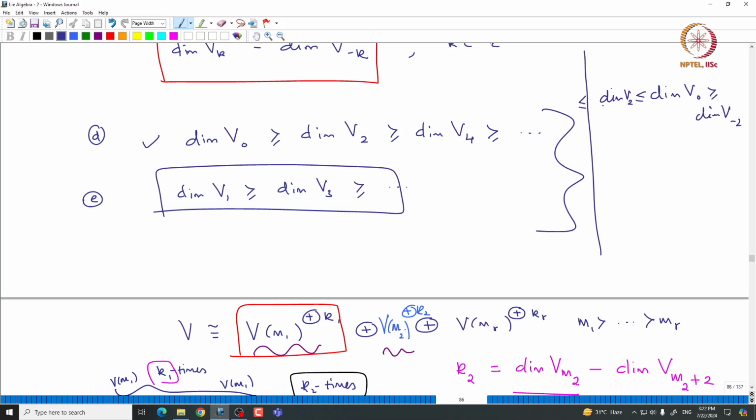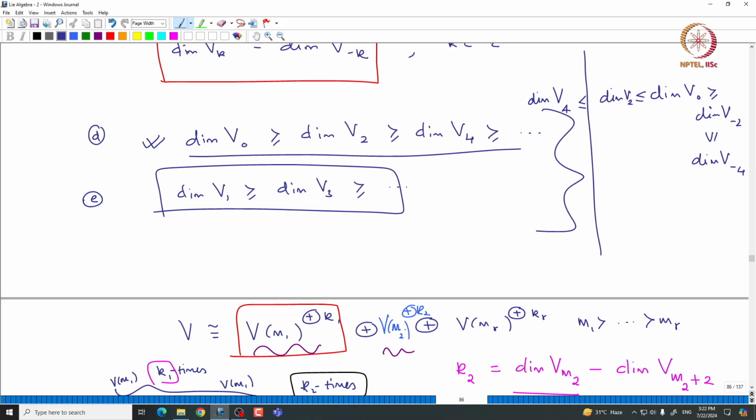And similarly, you can go down. The dimension V2 is bigger than the dimension V4, and the dimension V minus 2 is bigger than the dimension V minus 4. So, one can write it as one sequence of inequalities, but if you just use this symmetric property, you can see that it is indeed unimodal.